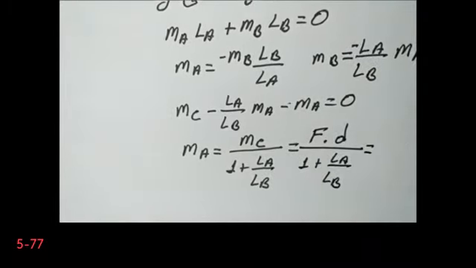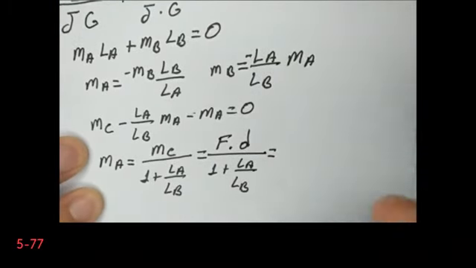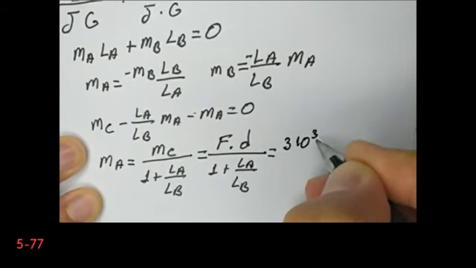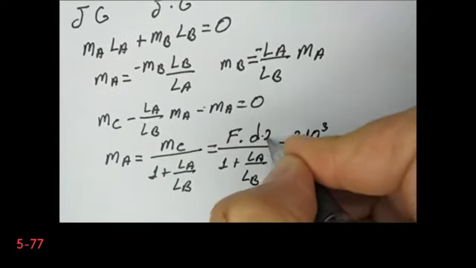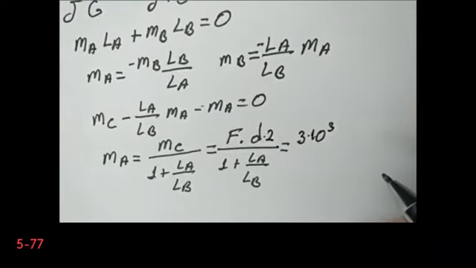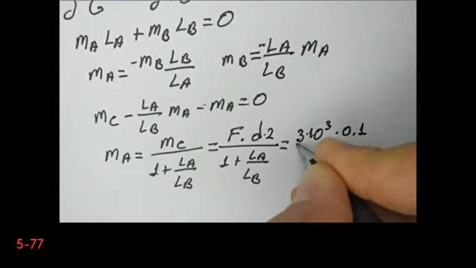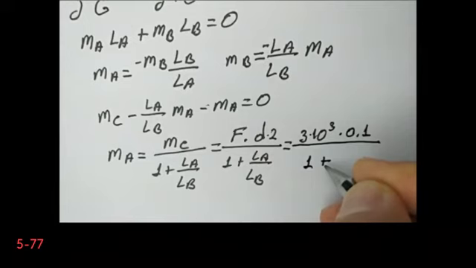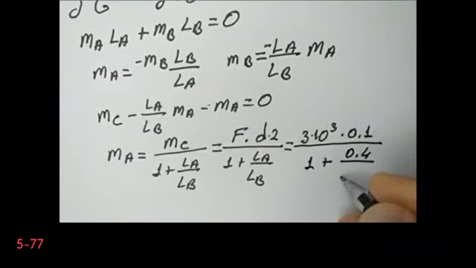If I put the values, force is 3 multiplied by 10 to the power 3. D, by the way, this is 2D, okay, 0.1, divided by 1 plus LA is 0.4 and LB is 0.6.